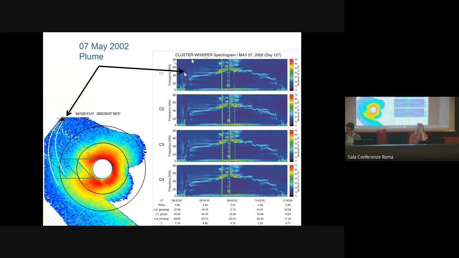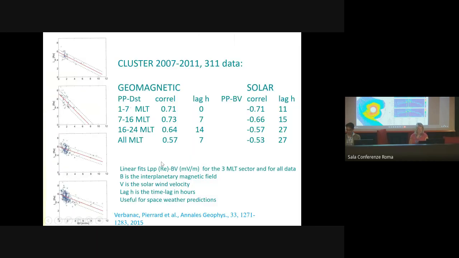And sometimes there were some peaks like that that were not really well understood. But by comparing with the satellite IMAGE, we could discover that it corresponds, in fact, to the extension of the plume. And for this, we needed this global view of the plasmasphere.